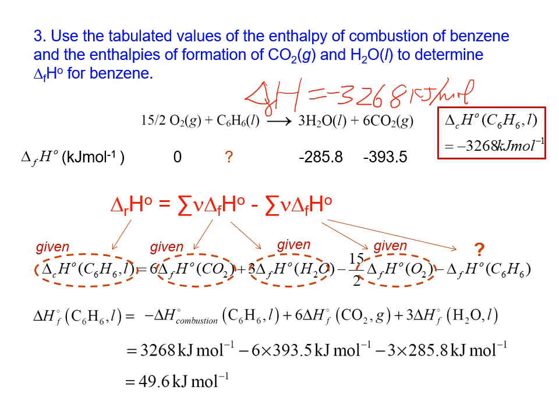So plug in all the data, including the coefficients. Remember, you need to multiply by 6 and by 3, as in this equation. Also the oxygen is 0, so this term is 0. So the answer is 49.6 kilojoule per mole.